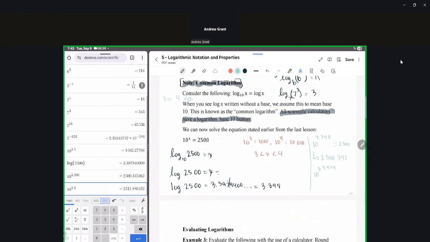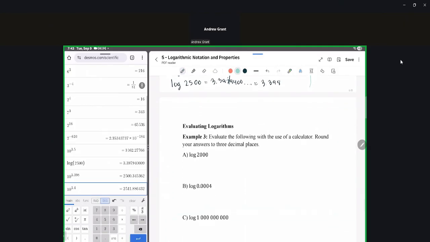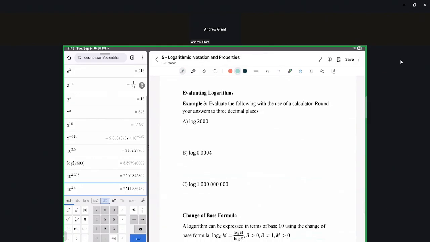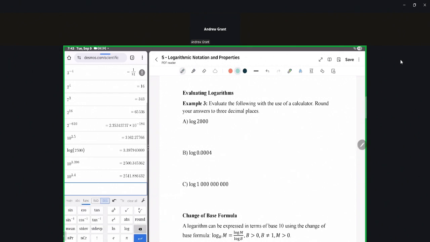Okay, let's evaluate some logarithms. We're going to evaluate the following with the use of a calculator, rounding our answers to 3 decimal places. The first one is log of 2,000. So we type in log of 2,000, and this is going to be 3.301.